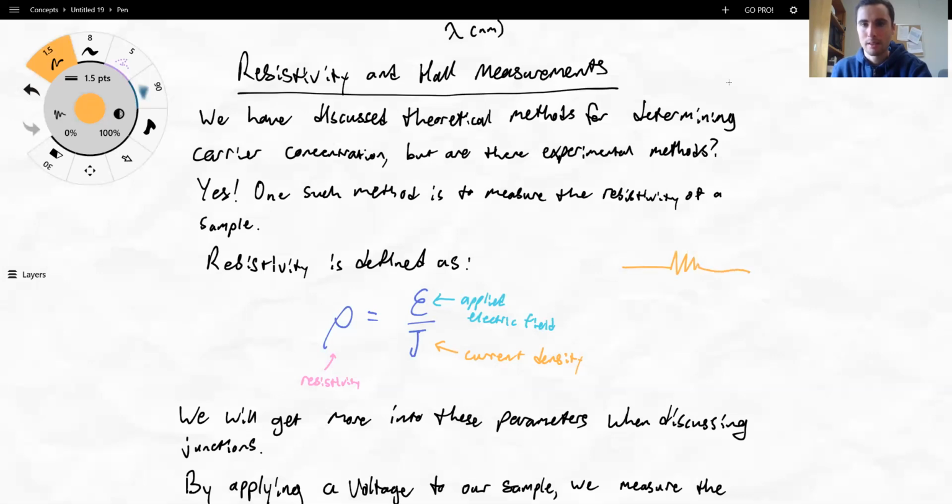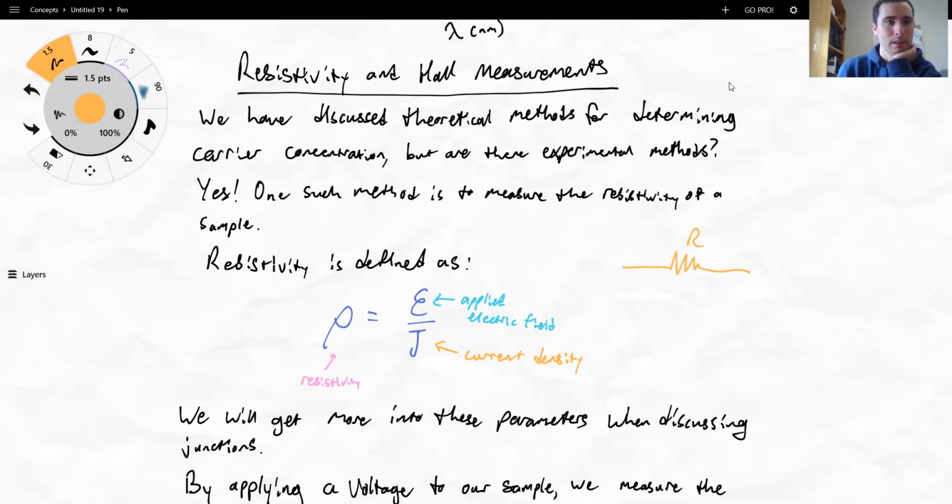And this wire has some resistance R over this length, L. If I make that wire longer, my resistance increases, right?